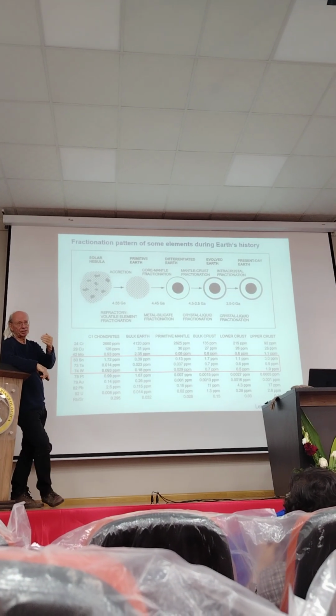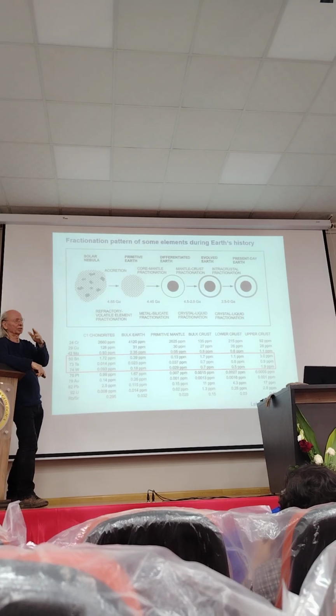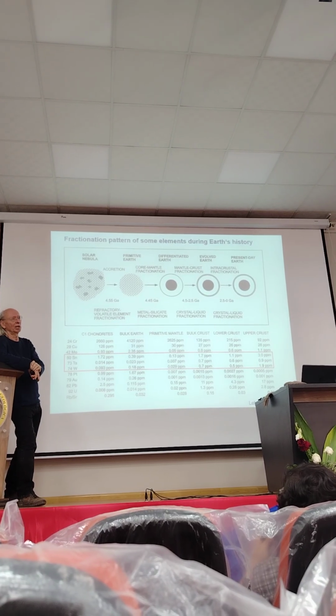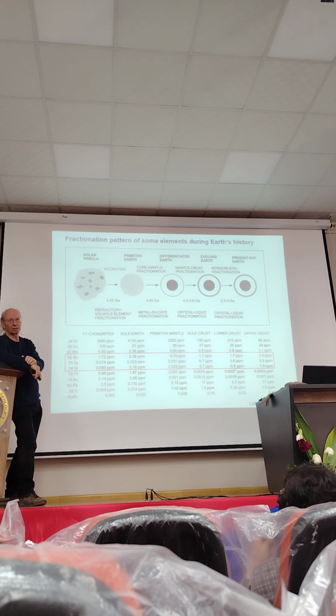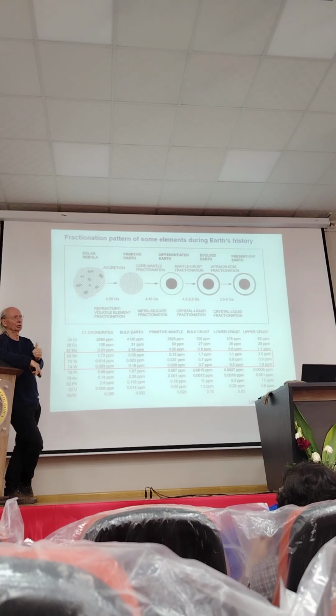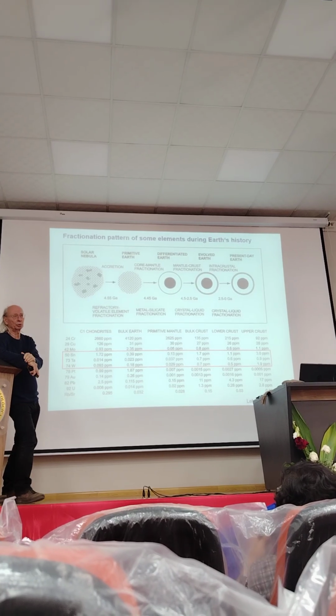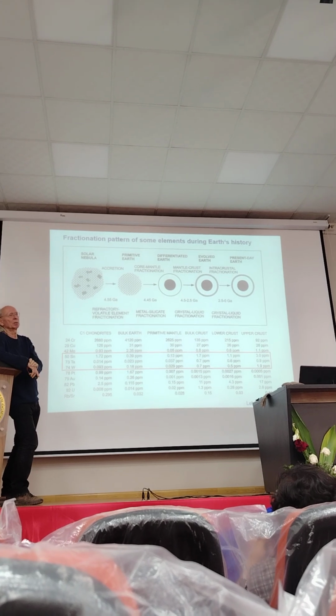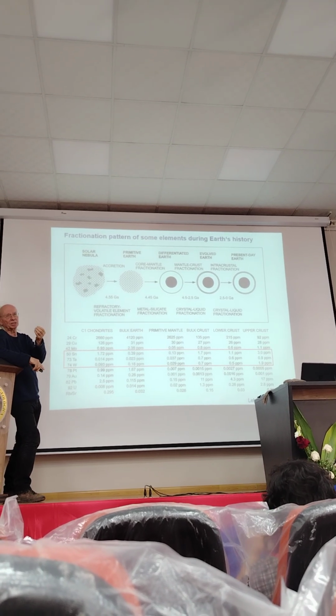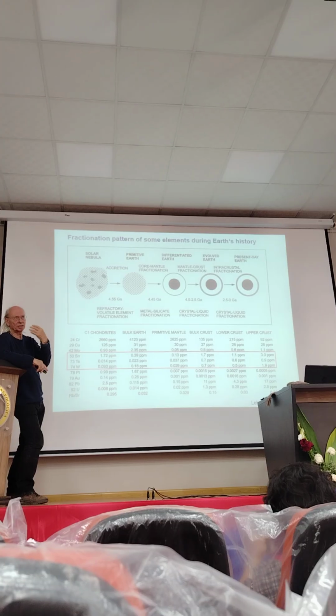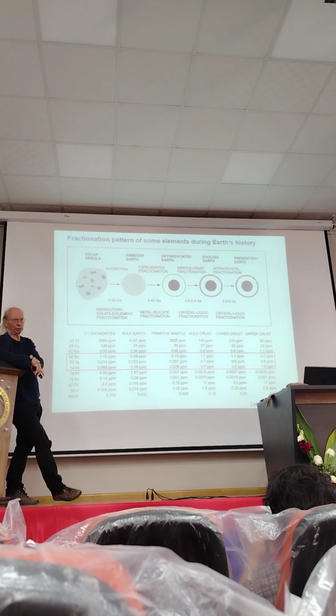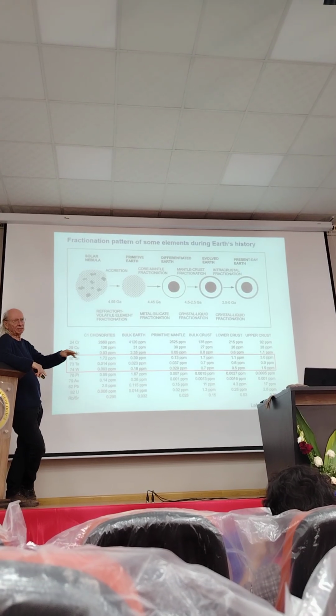The inner part of the solar system, Earth, Venus, Mercury, has concentrated refractory components. They lost much of their volatile components. And tin is one of these volatile components.